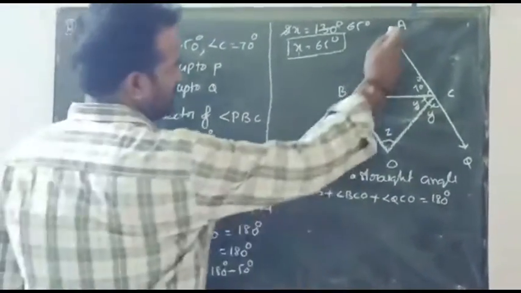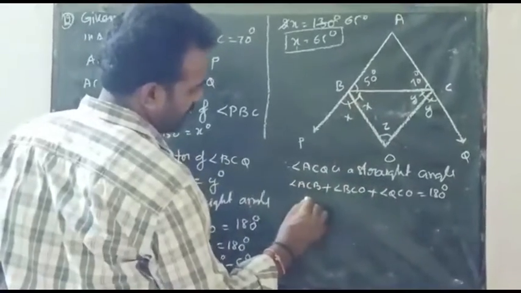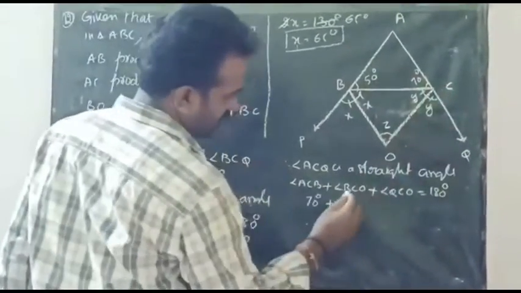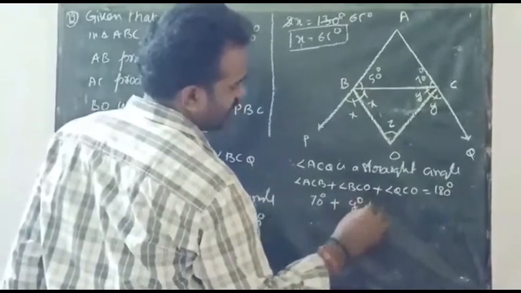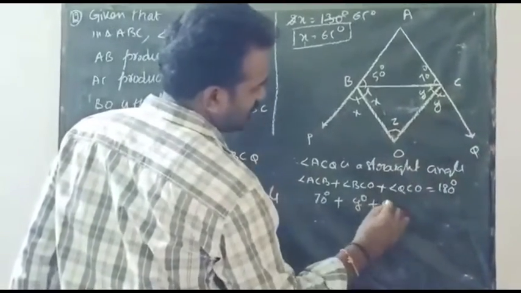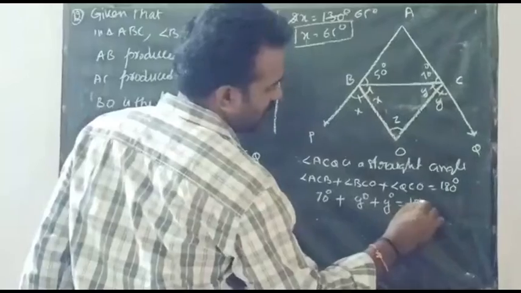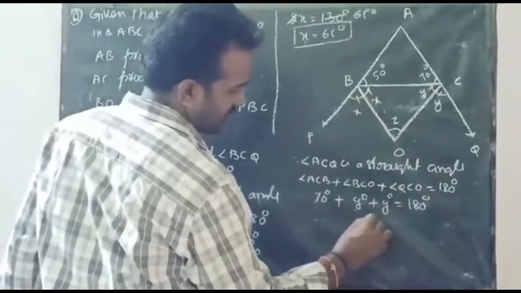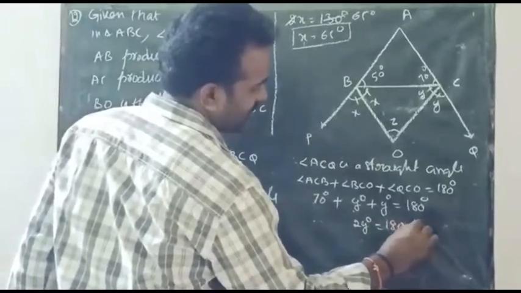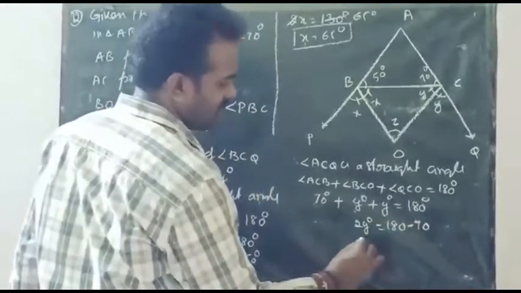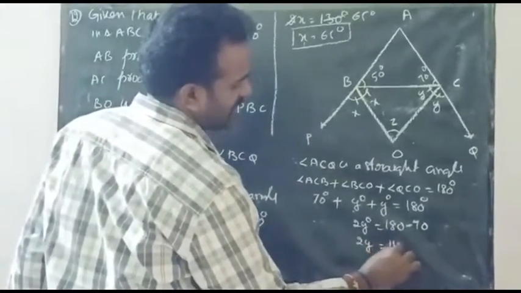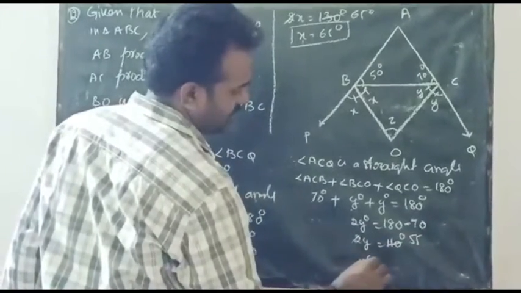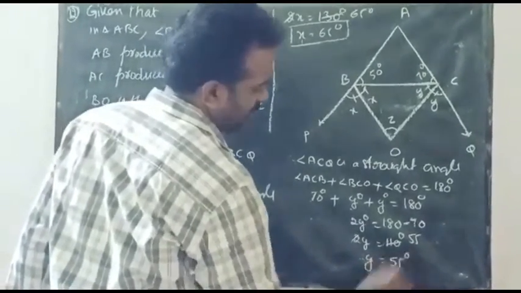Here angle ACB is equal to 70 degrees, plus angle BCO is y degrees, plus angle QCO is also y degrees, equal to 180 degrees. Taking 70 degrees aside, 2y is equal to 180 minus 70, which is 110 degrees. Therefore, y is equal to 55 degrees.